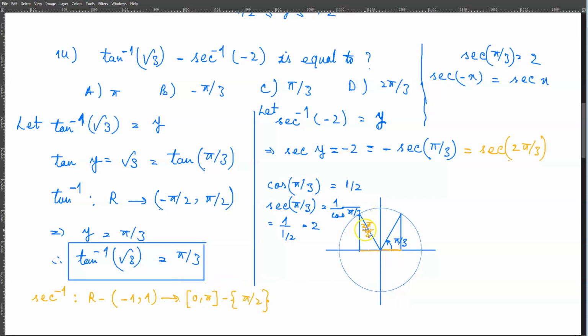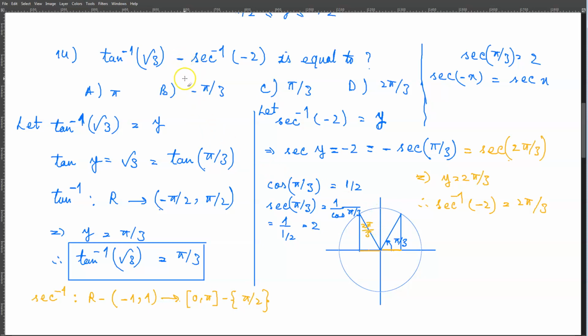So secant of y is equal to secant of 2 pi by 3, therefore y is equal to 2 pi by 3, right? And therefore the secant inverse of negative 2 is equal to 2 pi by 3.